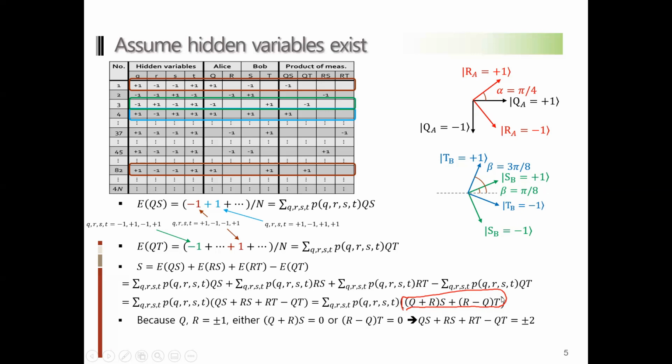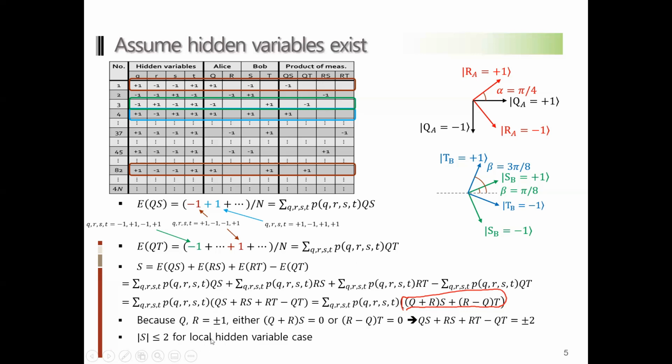So even in the extreme case, the maximum value is +2. Likewise, if it were constantly -2, the value would be -2. So what I can claim is that the absolute value of S can never be larger than 2. That's the inequality we can obtain for the local hidden variable case.